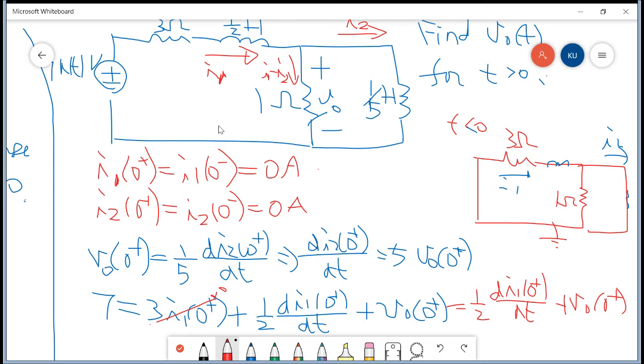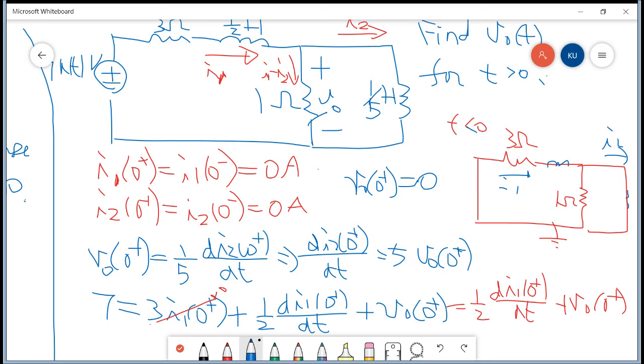And we know that I1(0 plus) is 0. This is 0, and this is also 0. So I1 minus I2 at t equals 0 plus is 0, which means that Vo(0 plus) is actually 0.